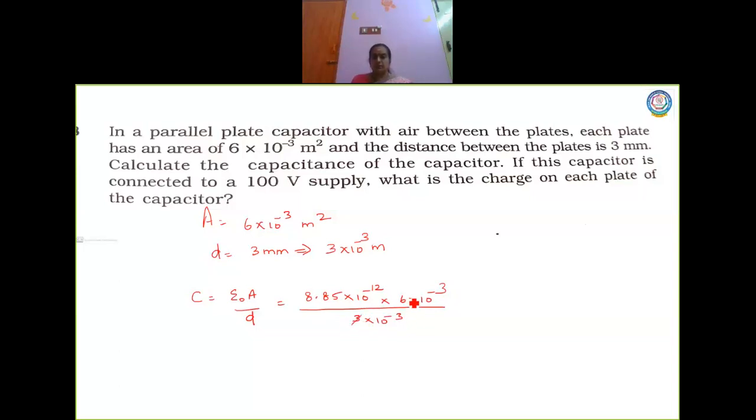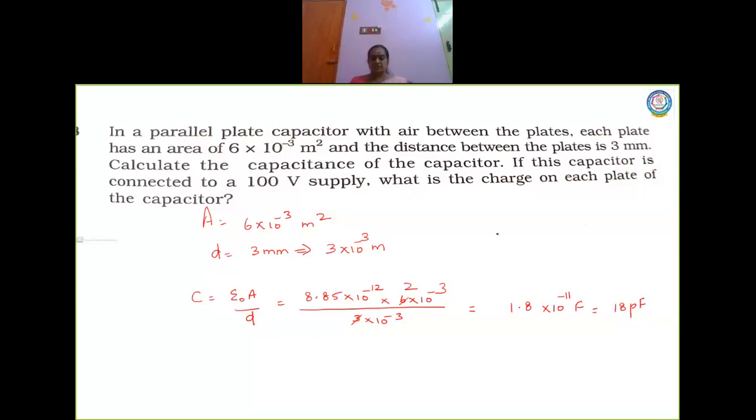So here 3 and 3 get cancelled. So when you multiply 8.85 into 2, you will have 1.8. Simplify the powers, you have 10 power minus 11 farad, or in picofarad if I write, it is 18 picofarad. Okay, so this is the capacitance.